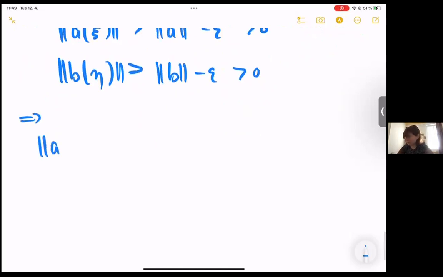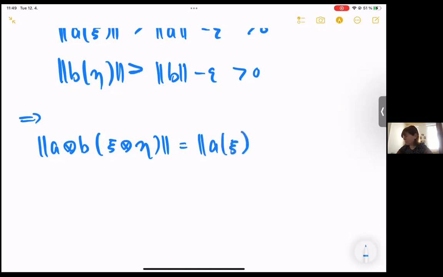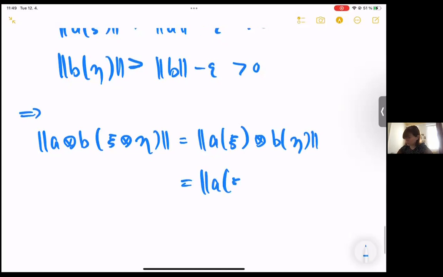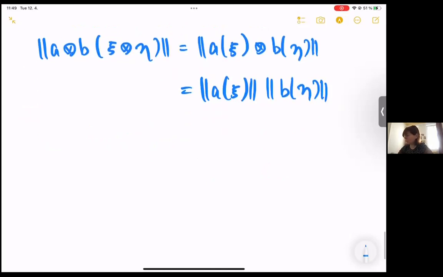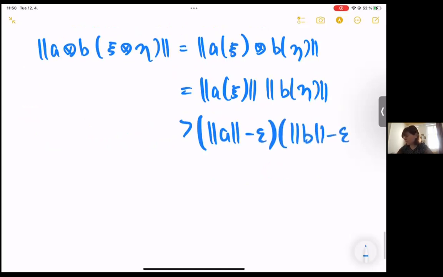And then we can use what we observed right at the beginning, which is that if we have a simple tensor in our Hilbert space, then this is just taking the norm in the separate Hilbert spaces. And that is, of course, then by our choice of vectors, we get this.